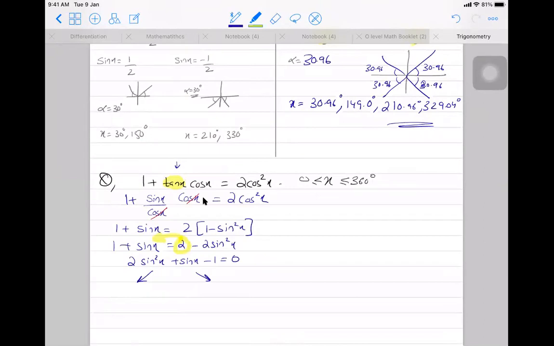If you solve this equation, you're going to get sin x equals 1 upon 2 and sin x equals negative 1. So from here, the basic angle is going to be 30 degrees, and the values of x are going to be 30 and 150 degrees. Now sin x equals negative 1.